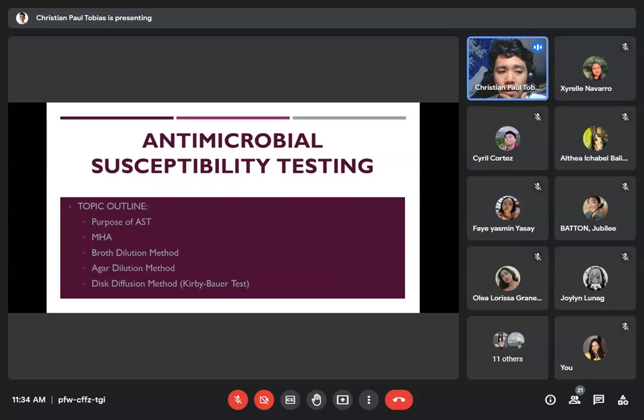Broth dilution and agar dilution, for the sake of information, you should know what these are, since the broth dilution and agar dilution methods are the foundations of other methods.